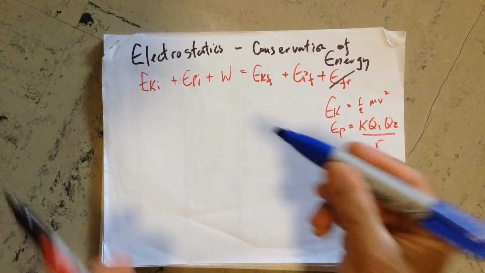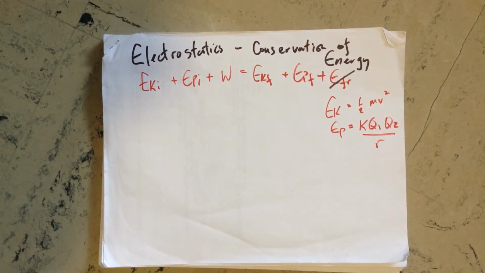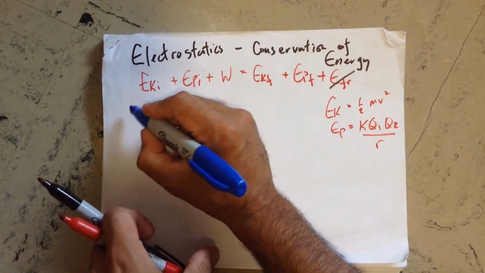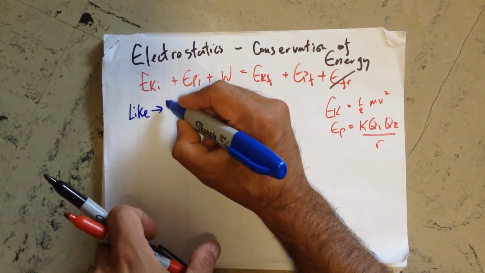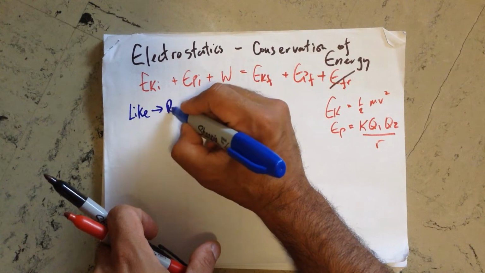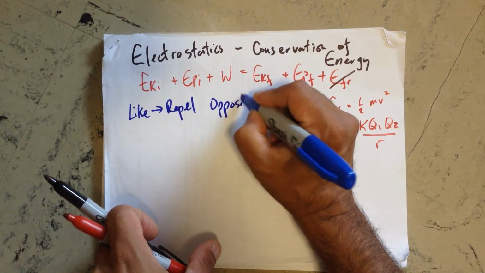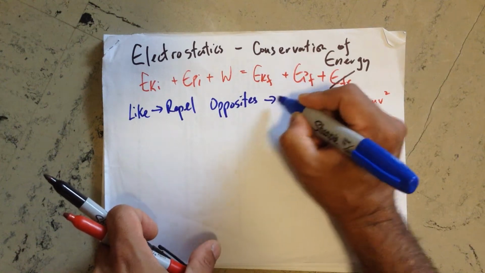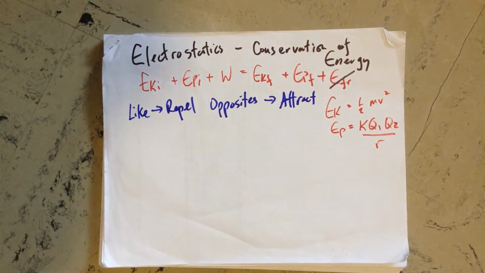So when we consider electrostatics, we have to remember that like charges will repel and opposite charges will attract. Right, and that's going to be how we sort of set up our energy questions.